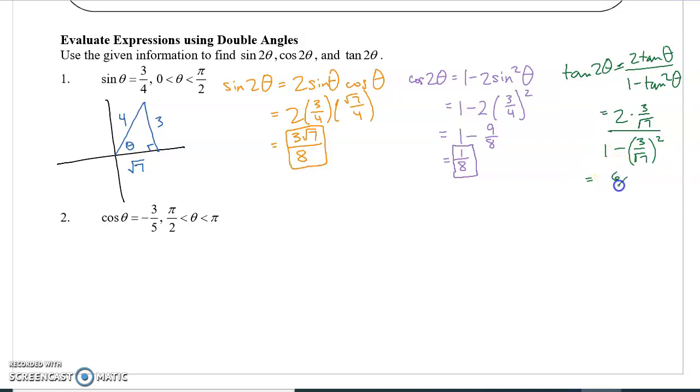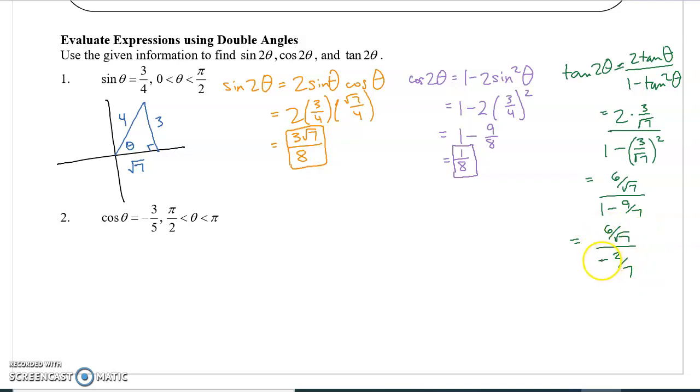We got 6 over root 7 in the numerator. And in the denominator, 3 over root 7 squared is 9/7. So this is 1 minus 9/7. But 1 minus 9/7 is just negative 2/7. And then we'll still have our numerator.